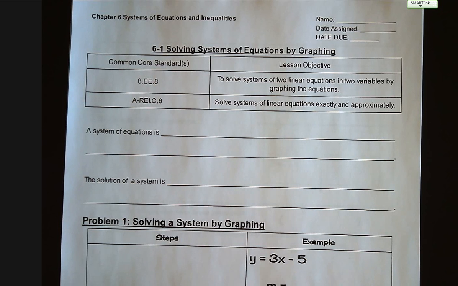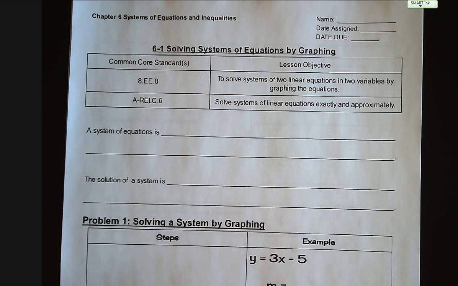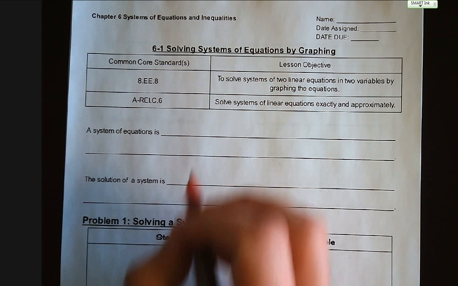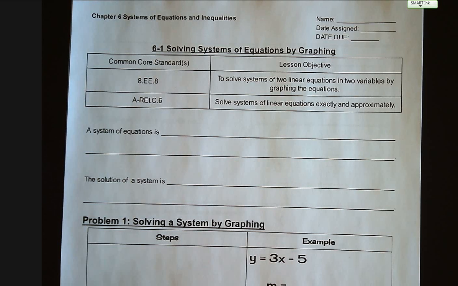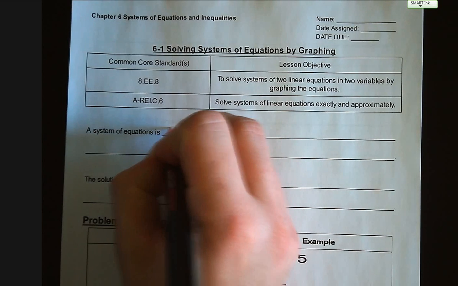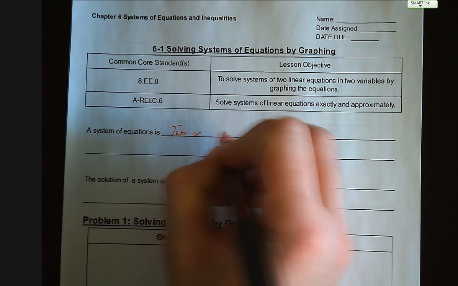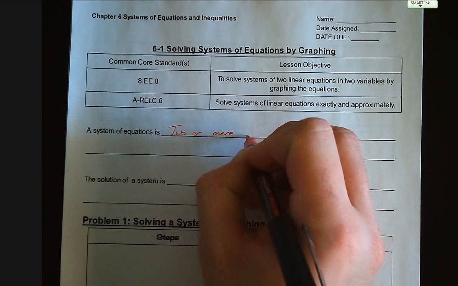All right, so a system of equations is one or more linear equation relating the same variables. All right, sorry, two or more equations relating the same variables.